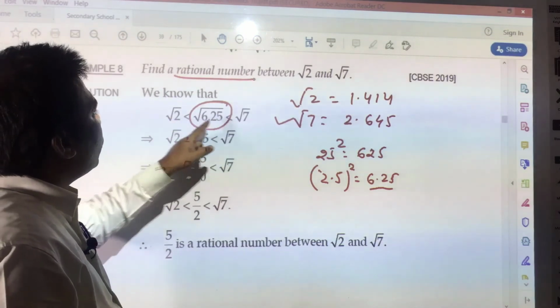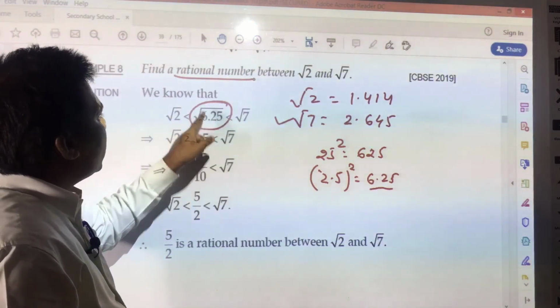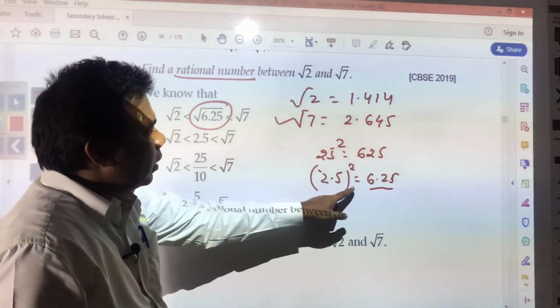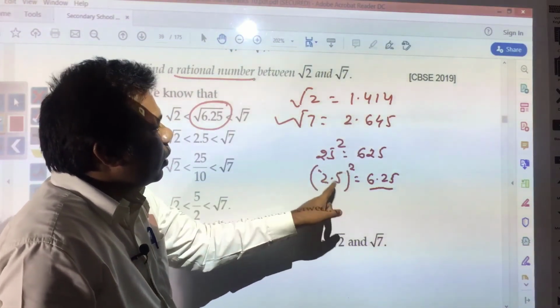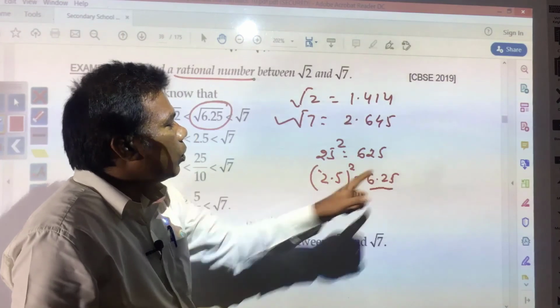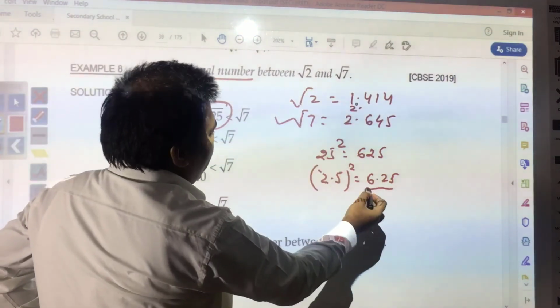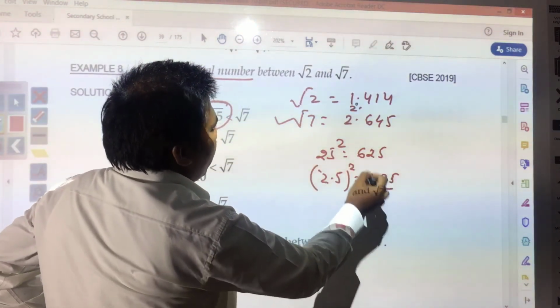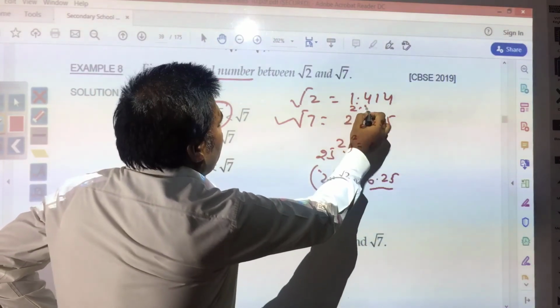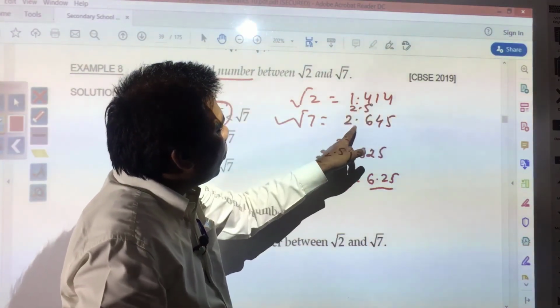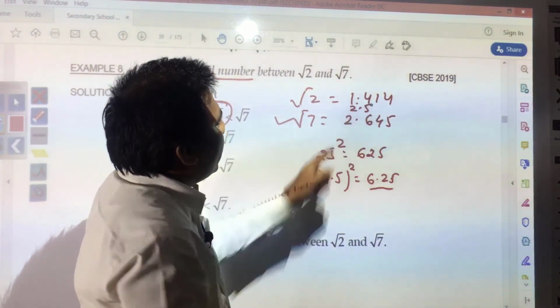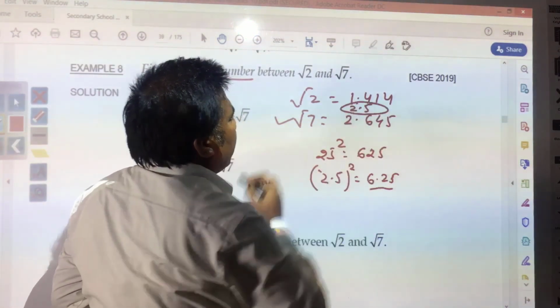In between root 2 and root 7, we will write root under 6.25. Why? Because if you square 2.5, you get 6.25, and if you take the root of 6.25, you get 2.5. So between 1.414 and 2.645, we get 2.5.